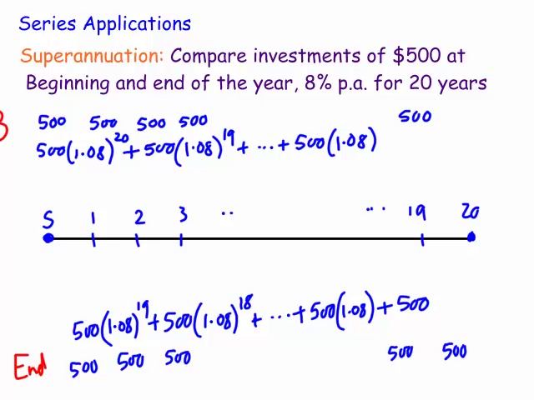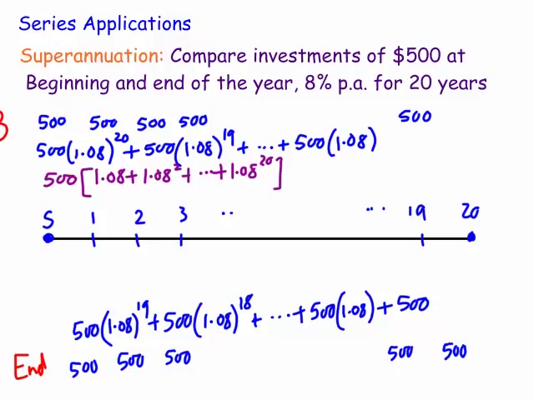The first idea, I think, is we would take out a common factor of 500 and reverse the series: 1.08 plus 1.08 squared plus dot dot dot plus 1.08 to the power 20.